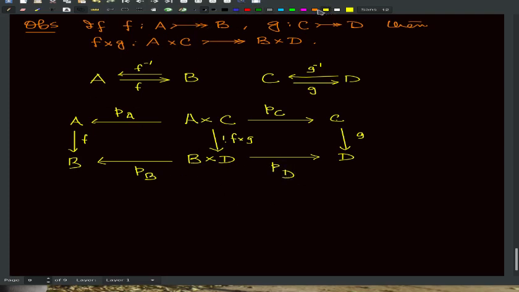And you told me that it's a bijection, so you have this unique map.